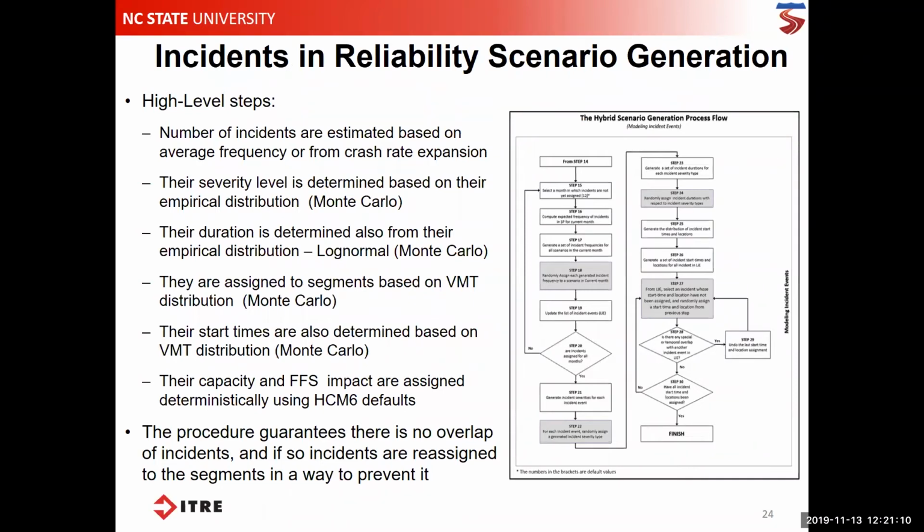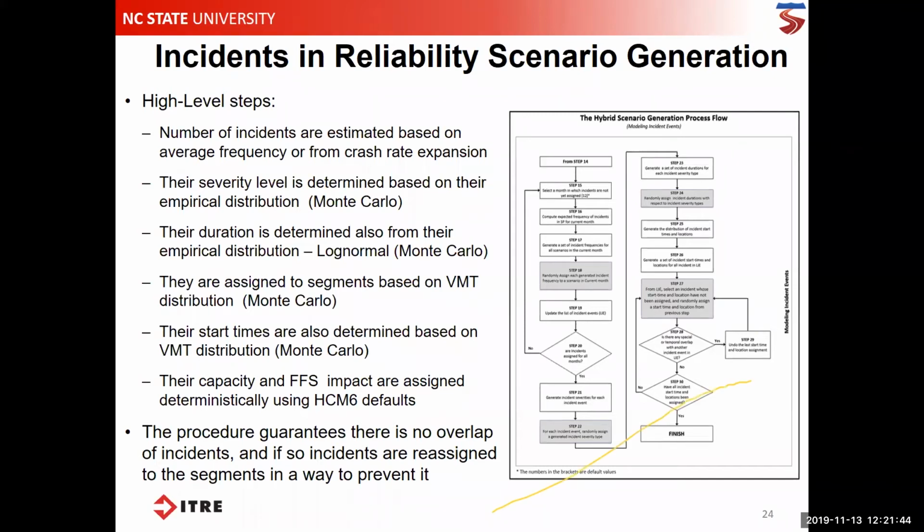So as Nagui was talking about the scenario generation process for reliability analysis in the HCM, I'm showing you a detailed flowchart here that focuses on the modeling of the incidents within scenario generation. The important thing to know is that the process that generates incidents and assigns them to the scenarios starts with first estimating how many incidents we are going to have across all the reliability scenarios that we have generated.